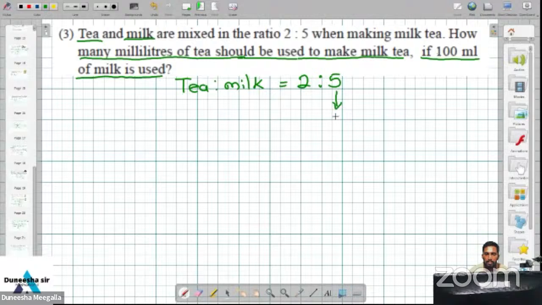How much milk is used? 100 milliliters. Okay. If you couldn't understand, can you now understand? Netuli, can you understand? Yes, sir. Okay. Do the question and get the answer.